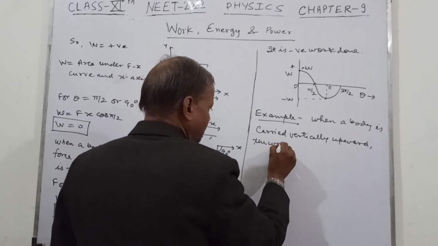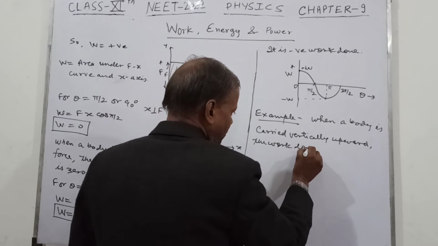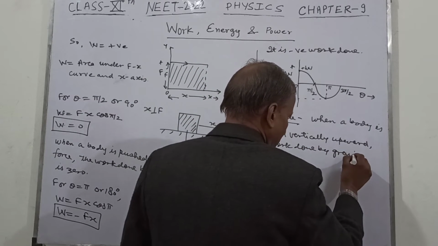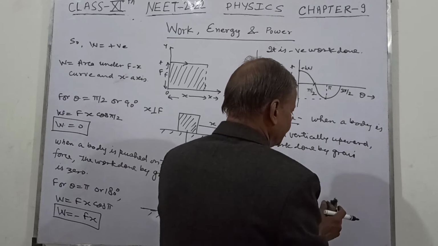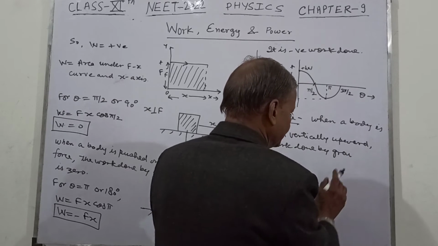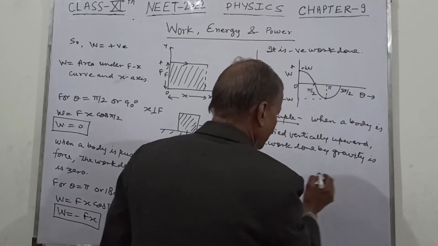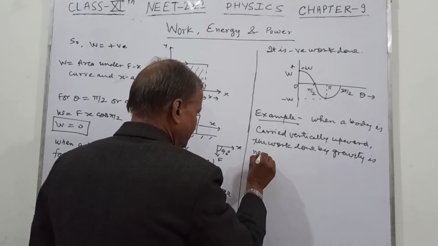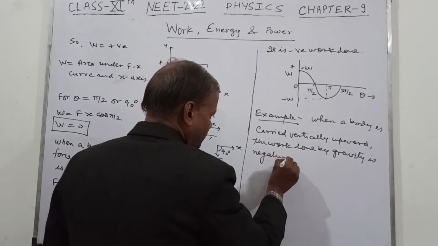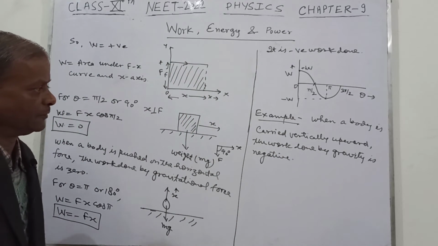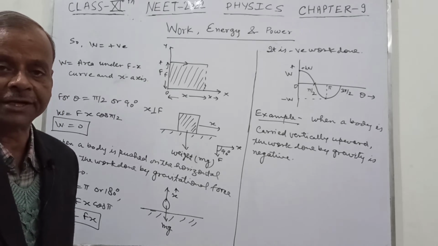The work done by gravity is negative. Carried vertically upward, the work done by gravity is negative.